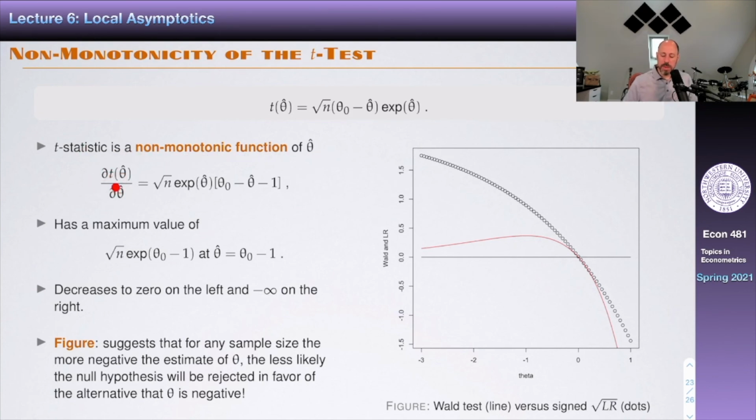If you compute the derivative, it is square root n, the exponent, times theta naught minus theta hat minus 1. So it has a maximum at theta hat equals theta naught minus 1. If you look at this red picture, this is the t-statistic. At 0 it is 0, so don't look to the right of 0, we don't care. But to the left of 0, it goes up, reaches the maximum, and then starts going down.